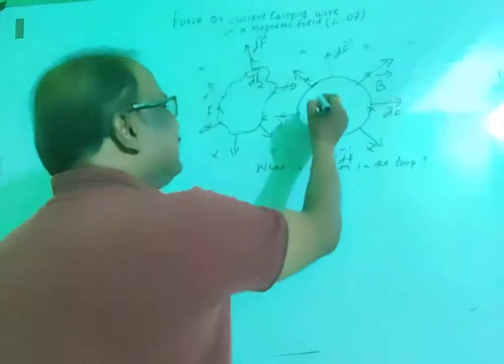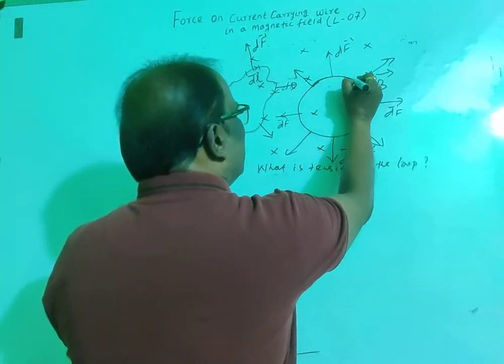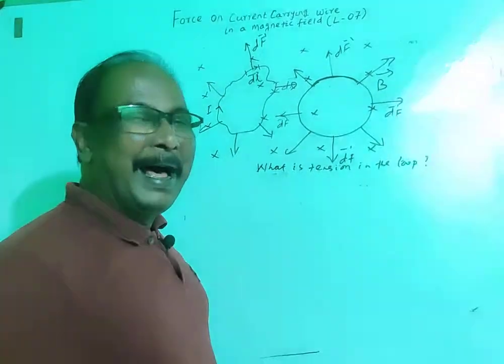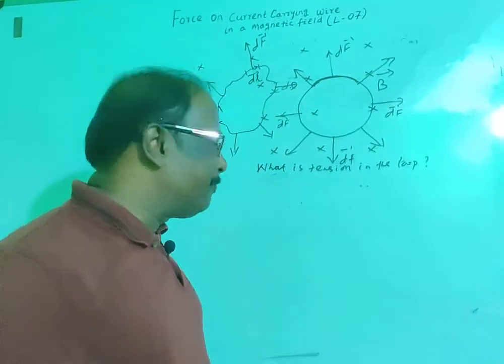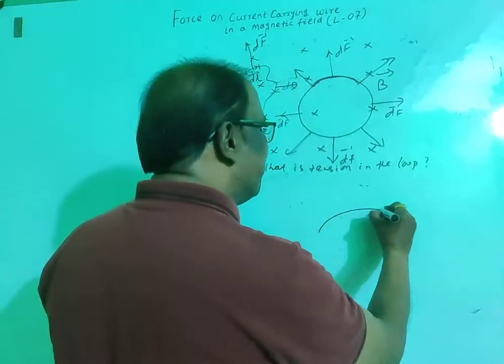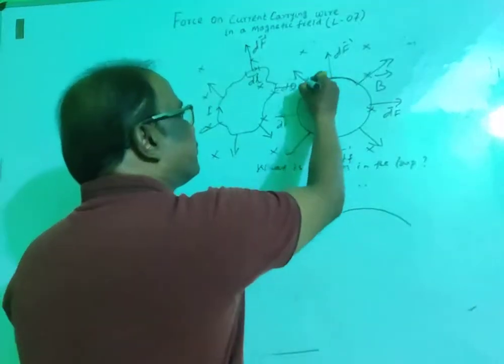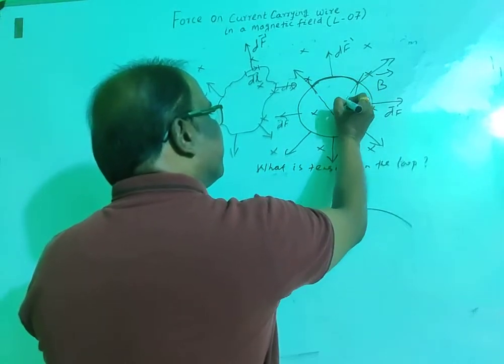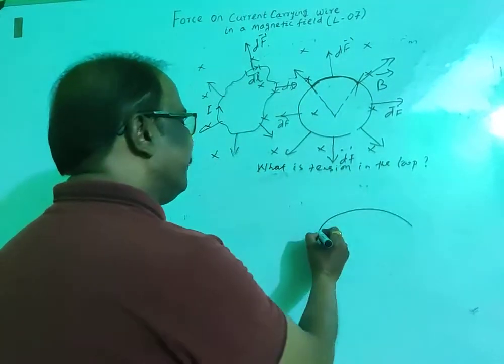Let's consider a small part of the loop. This is a small part of the loop. It looks large, but I am taking a very small part. Just join this to the center.